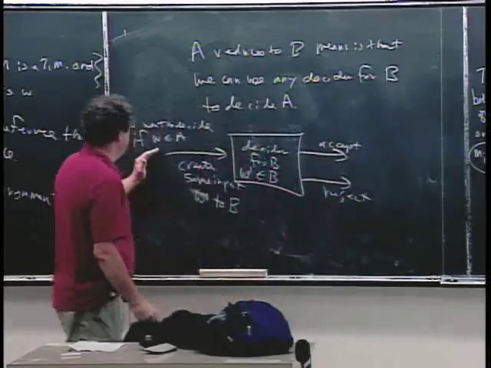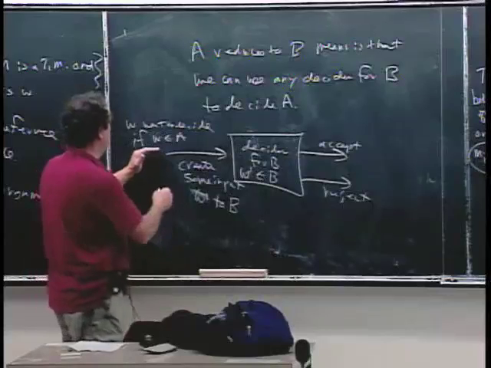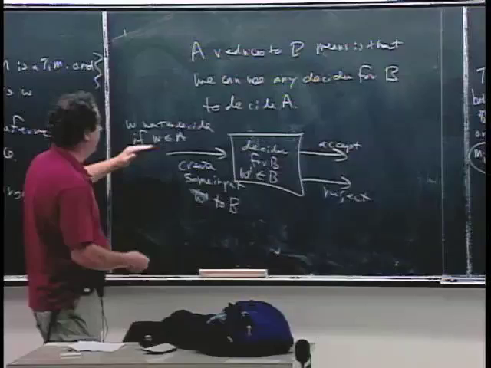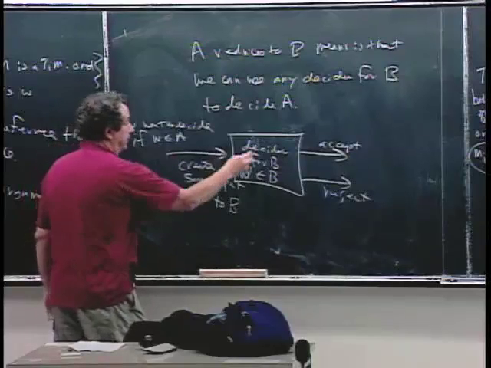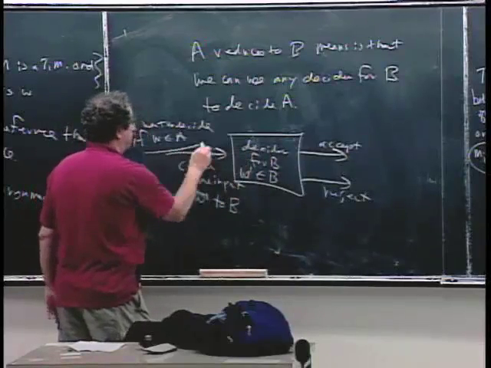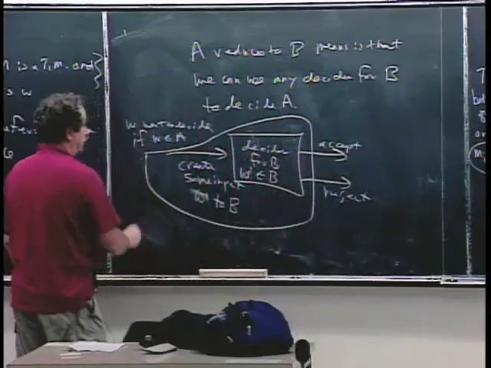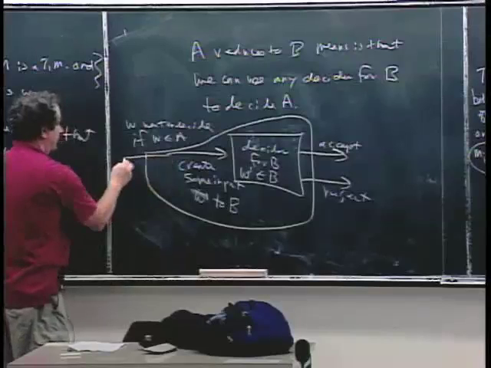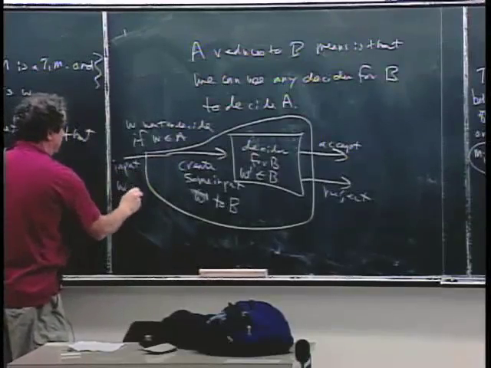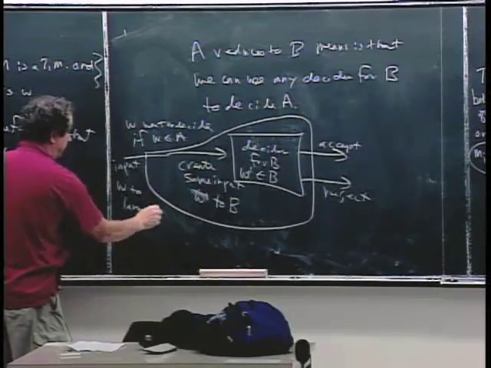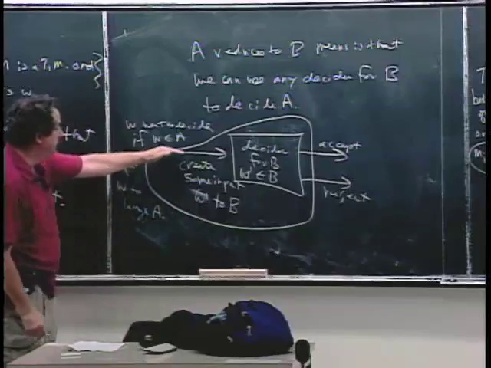Okay? But we really want a decider for A, and so what you fed to B has to be of the form so that this is input W to the question of whether it's in language A. So W comes in.